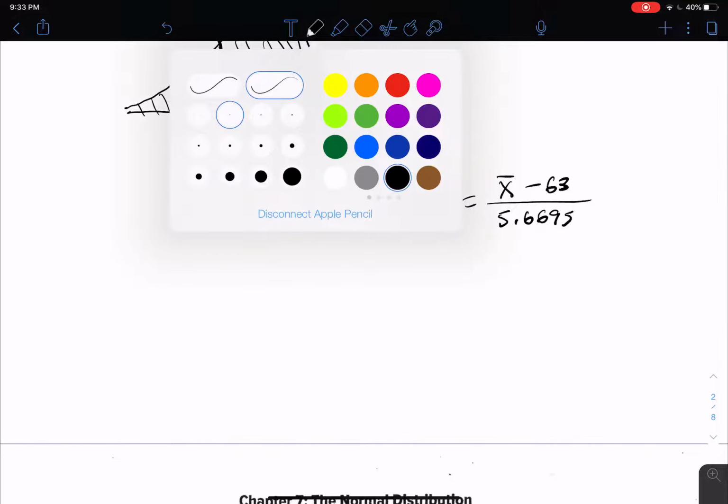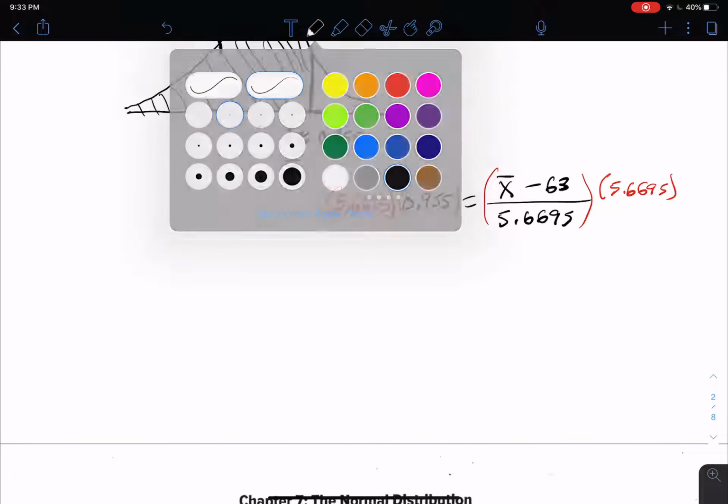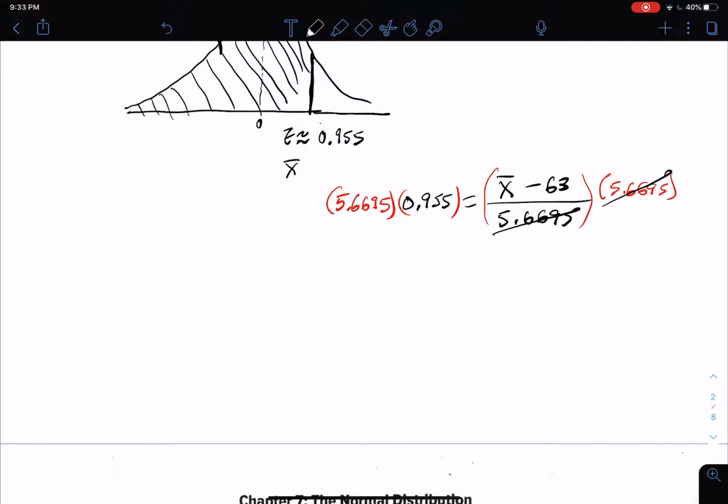All right, algebraically solve this. 5.6695 gets multiplied on both sides. And when we multiply it on both sides, we cancel common factors from the numerator and denominator, which gives us x bar minus 63 on the right side.